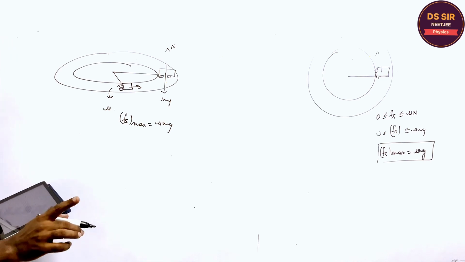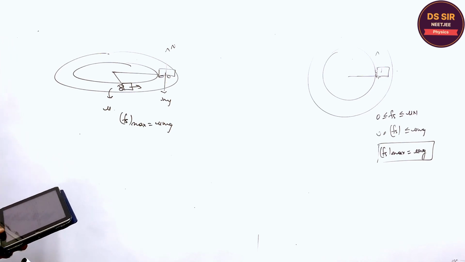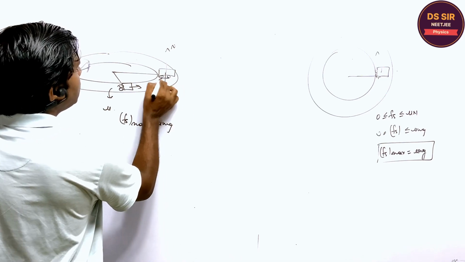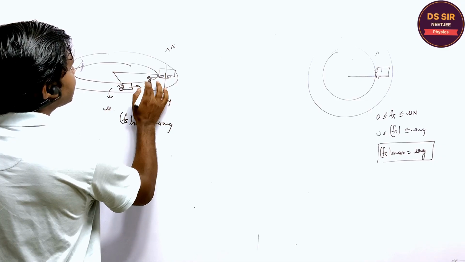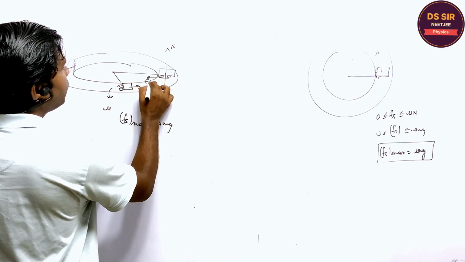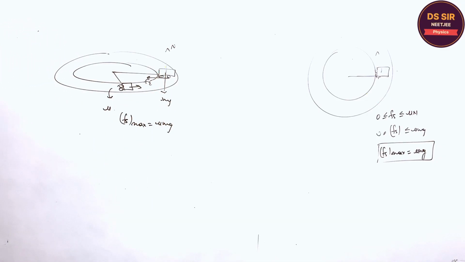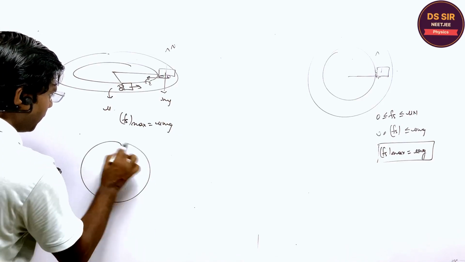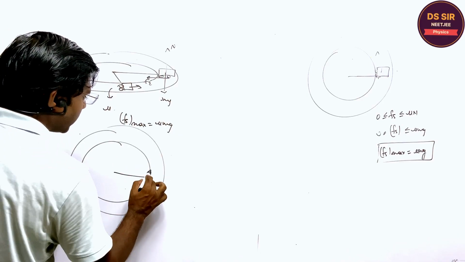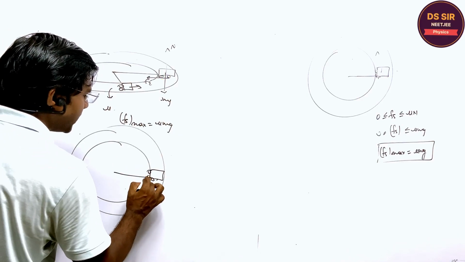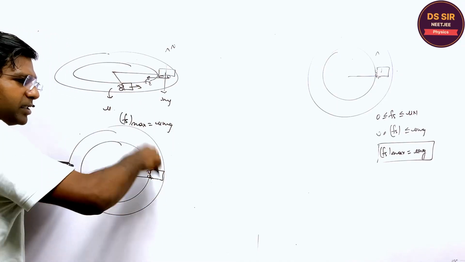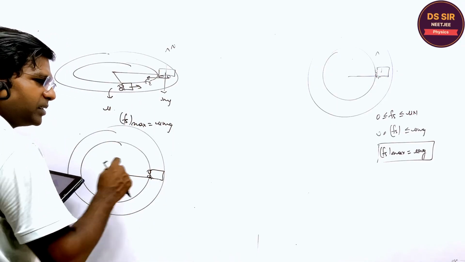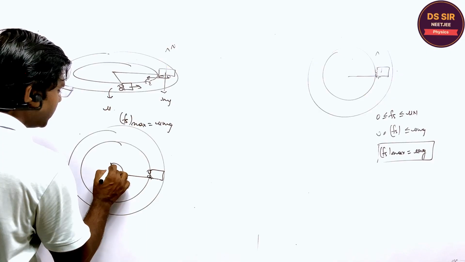Listen, one more thing. It is not uniform circular motion. In uniform circular motion, only the centripetal force or the friction force will be acting in this direction. Is it clear or not? But when the car is moving with increasing speed, why is the speed increasing?